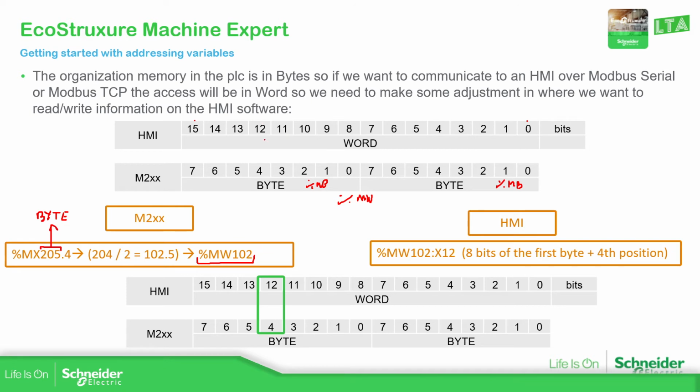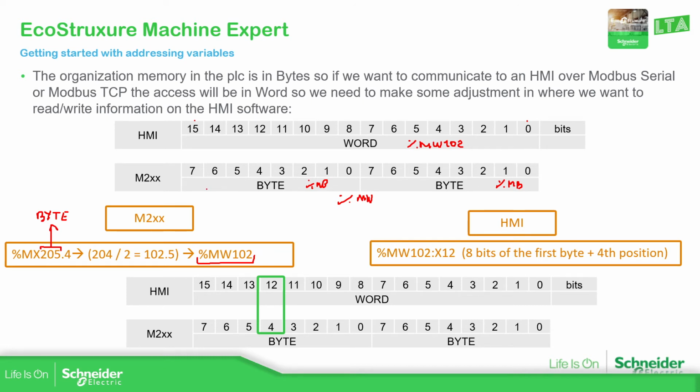Now, in the PLC, on the HMI, imagine this case, I need to read the percentage MW 102 from the PLC. In the HMI, you need to read this one.